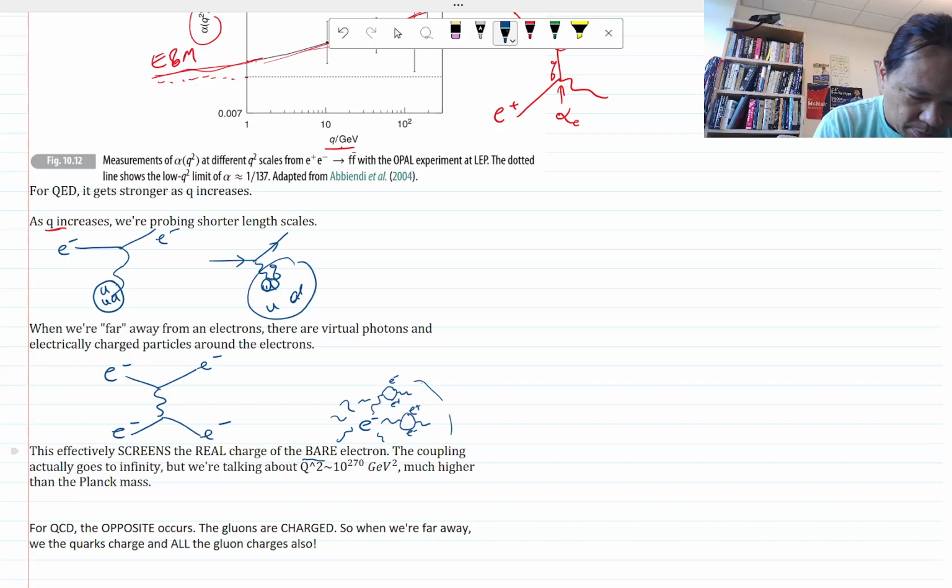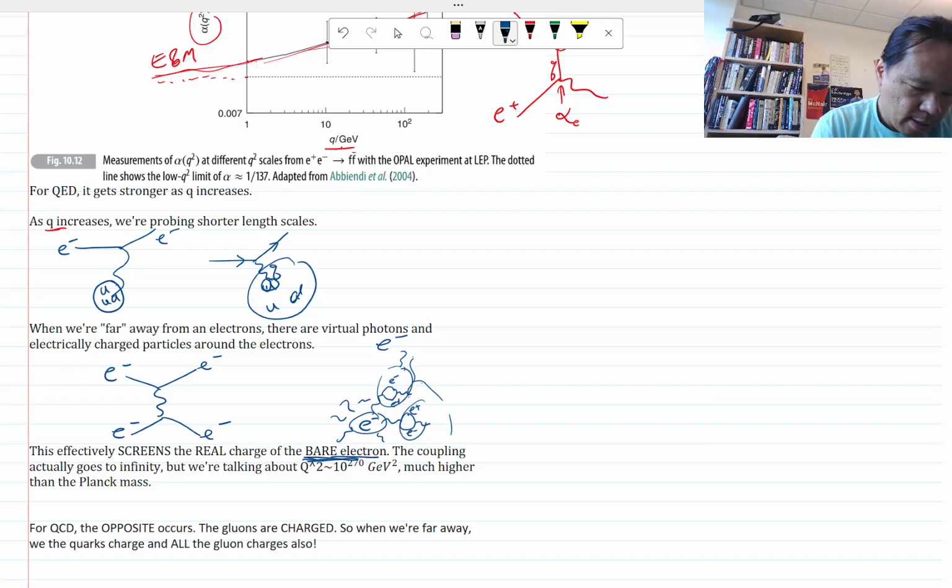This is known as the bare electron, where you have the real charge of an electron. What we see from far away is partly shielded by this. So when you have an electron passing by, these other electrons and positrons are partly shielding it.